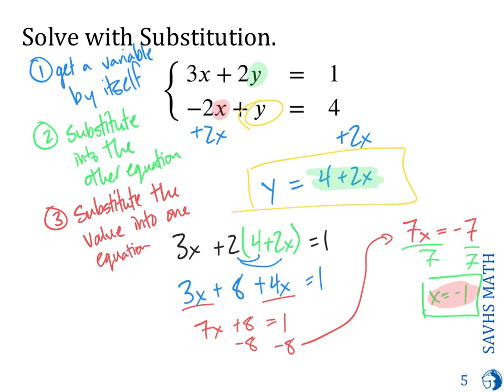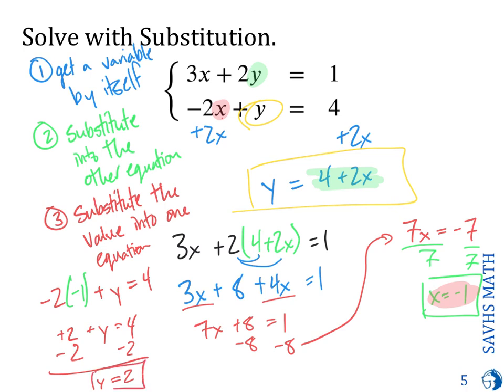Okay, so then I'm going to take my negative 1 and put it in for x right here. So I'm going to rewrite negative 2 times negative 1 plus y equals 4. Negative 2 times negative 1 is positive 2, plus y equals 4. So then I need to subtract 2, and I get y is equal to 2. There's my answer for y.